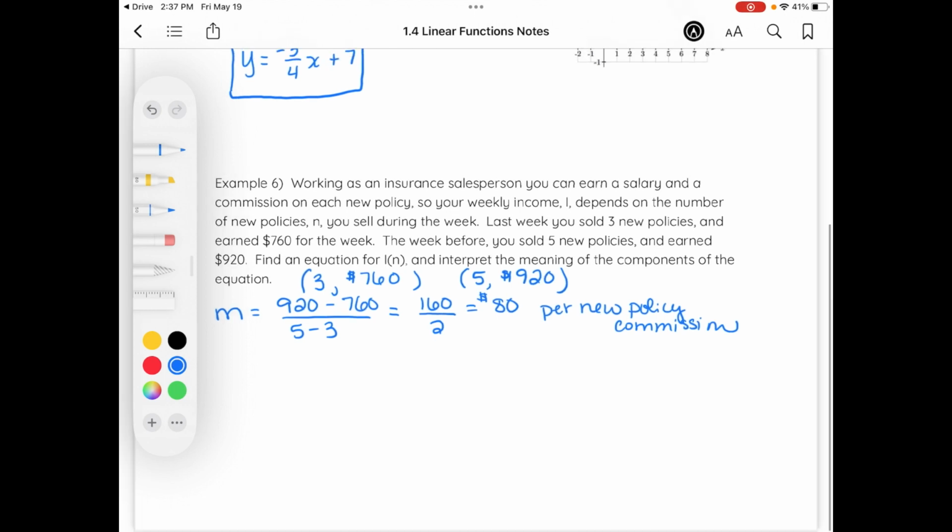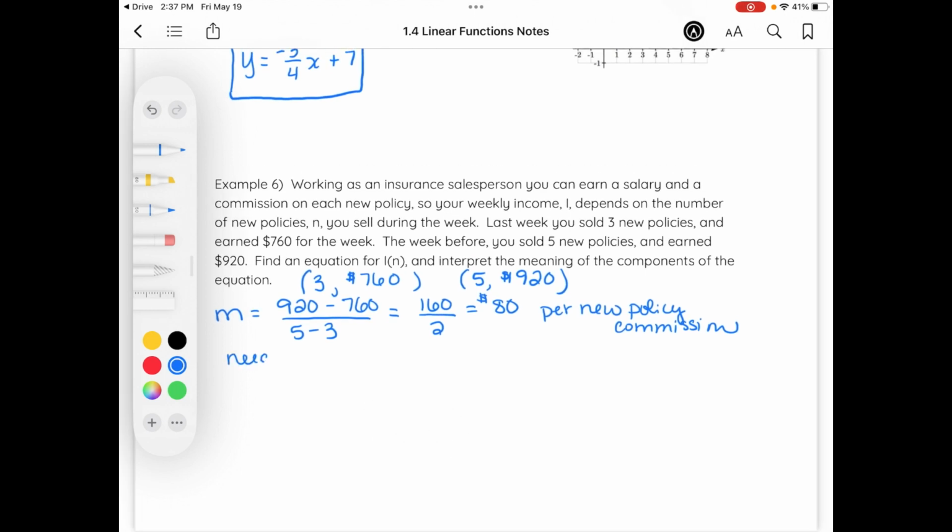Now we also need our y-intercept. I'm not given the y-intercept, I'm just given 2 random points. I'm going to use my first point here and use y equals mx plus b in order to solve for my y-intercept.